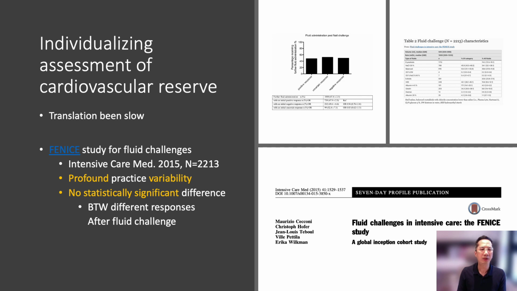And they also found there's no statistically significant difference between the groups which had a different response to the first fluid challenge. They scattered randomly, so people didn't really pay attention to the response of the fluid challenge. They just kept giving fluid to the patient.